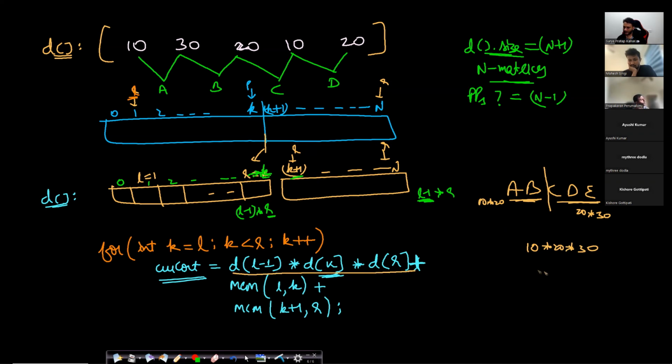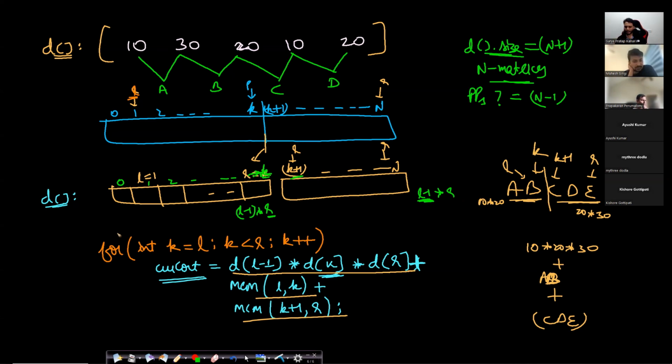Then the second part is the cost to form AB. And then the third part is the cost to form CDE. This is the K point. So from L to K will be one part, and from K plus 1 to R will be the second part. Are we good? How are we dividing the problem?